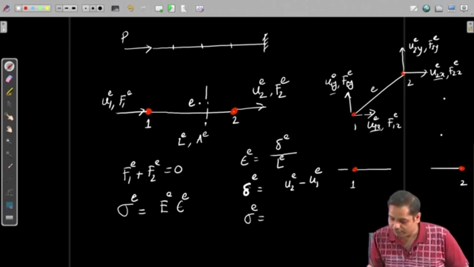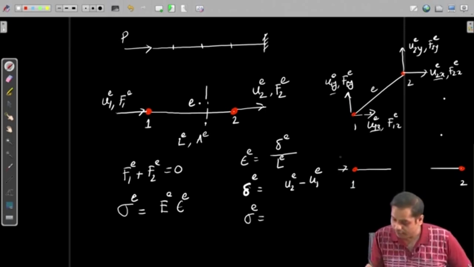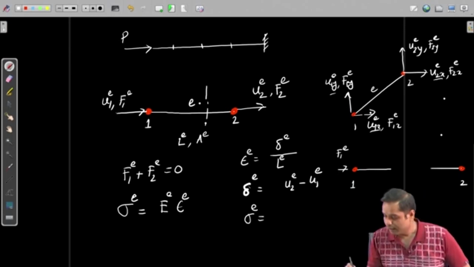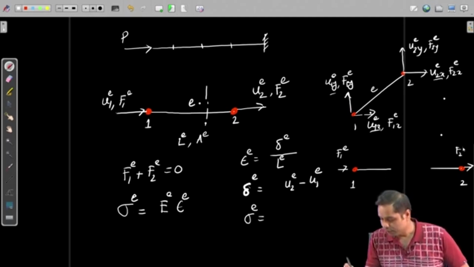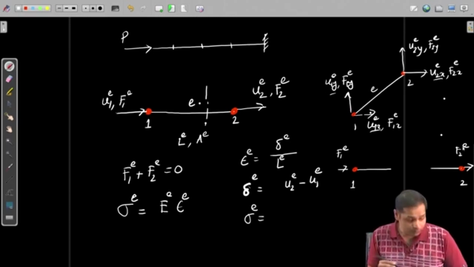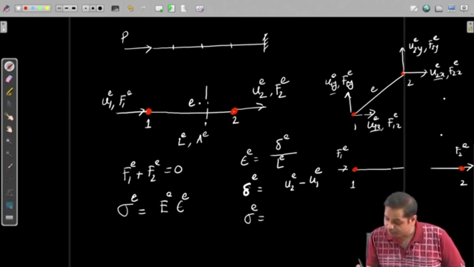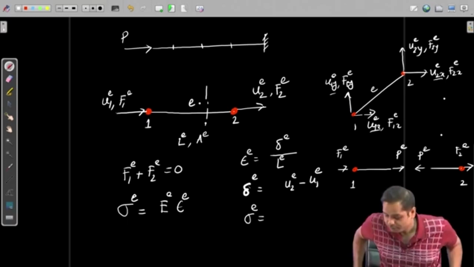Here we have F1^E, here we have F2^E, and at this point we have the internal force, that is P^E, the internal force at element level.